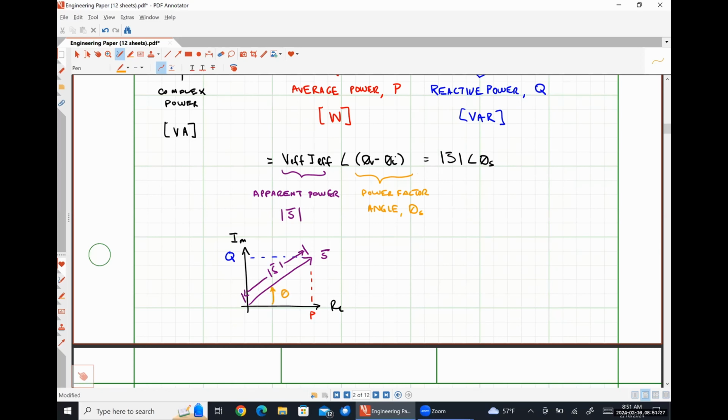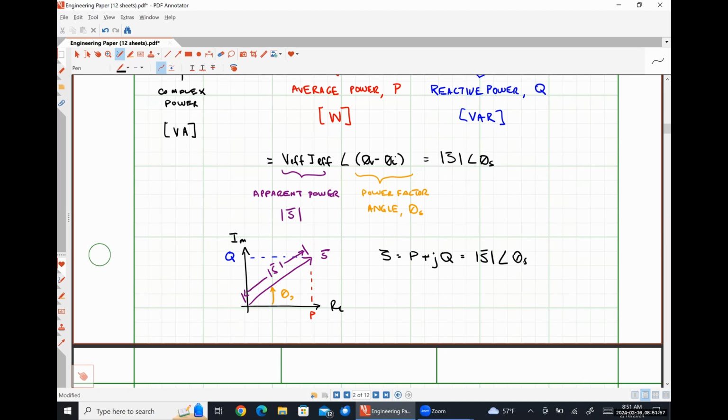And the angle formed between S and the real axis is our power factor angle, giving us the exact relationships that I've defined above. S is equal to P plus jQ in rectangular form, or magnitude of S, angle theta S in polar.